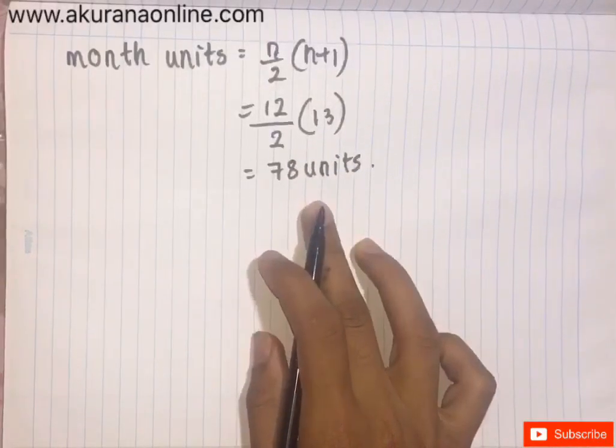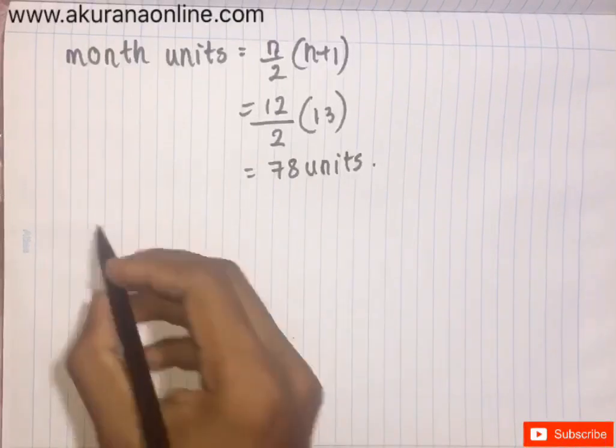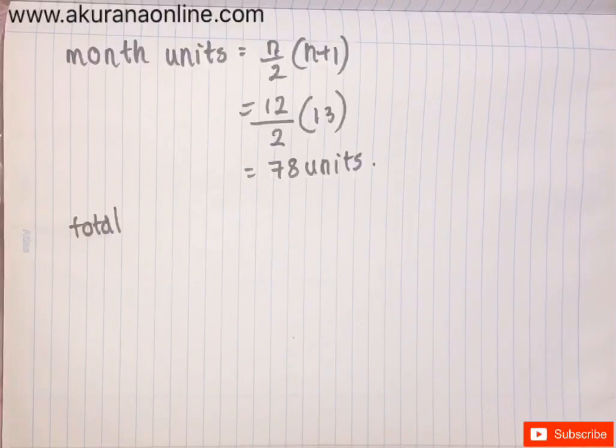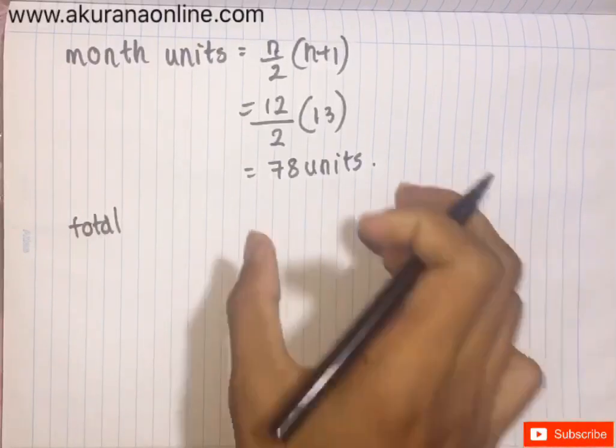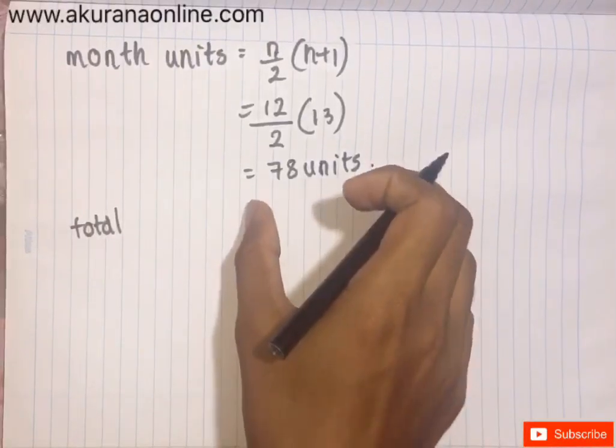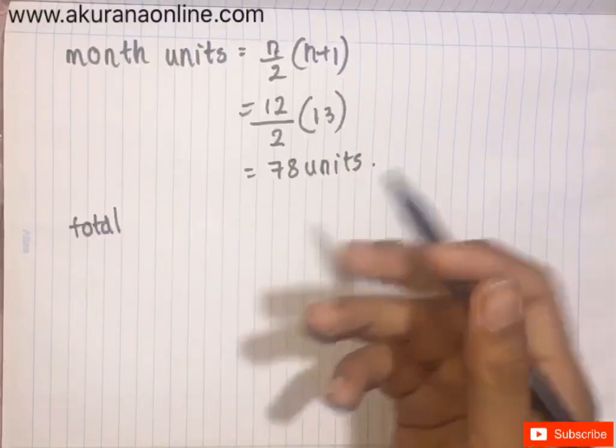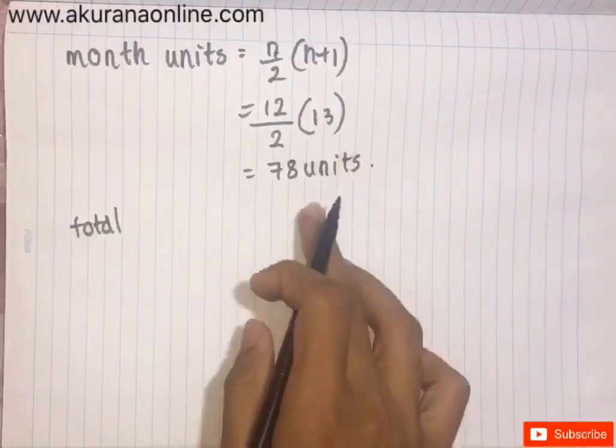Now you have to find the total interest. You know the interest per 1 month, and altogether there are 78 month units. In order to find the total interest, you multiply the interest for 1 month by the number of month units.